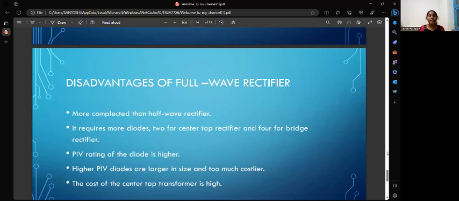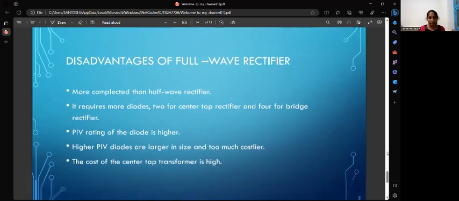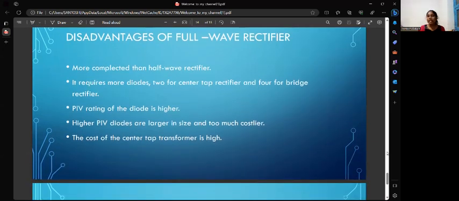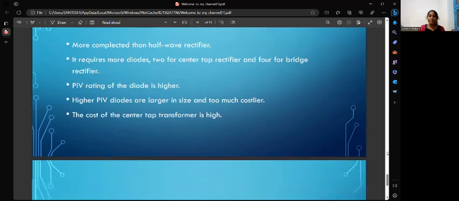It requires more diodes, two for the center tap rectifier and four for the bridge rectifier. The PIV rating of the diode is higher. Higher PIV diodes are larger in size and much costlier. The cost of the center tap transformer is higher. These are the disadvantages of full wave rectifiers.